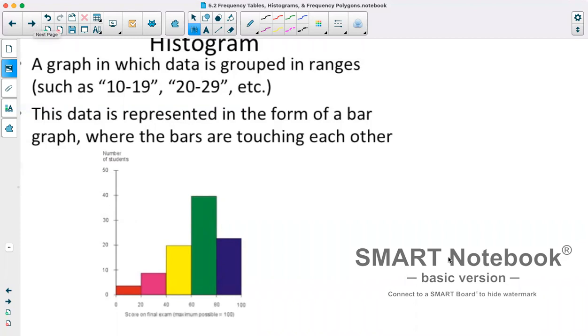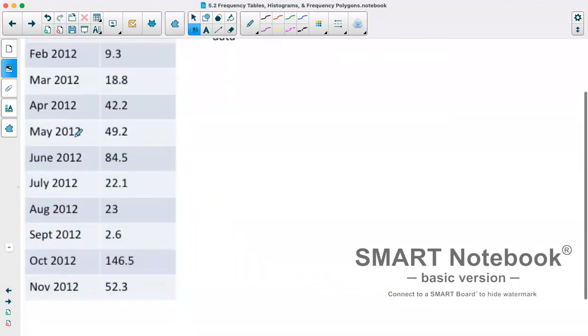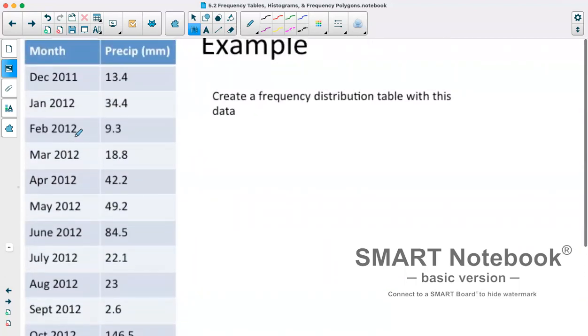So we will do an example where we compile data and then come up with our own histogram. For example, create a frequency distribution table with this data. It is the rainfall from December 2011 to November 2012, so one year's worth of data, and how much precipitation there was each month.